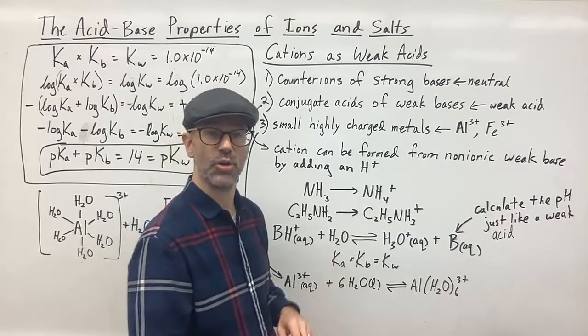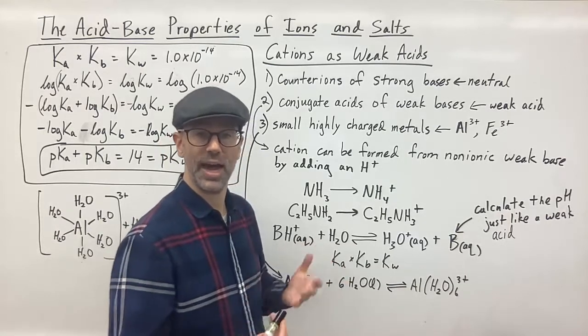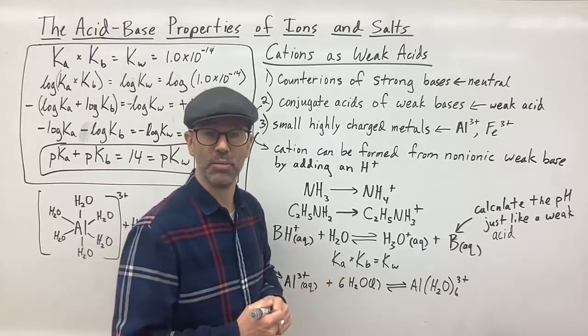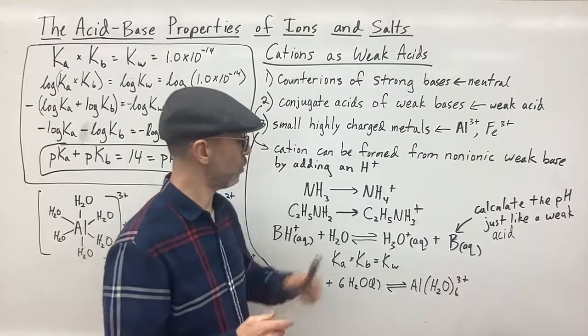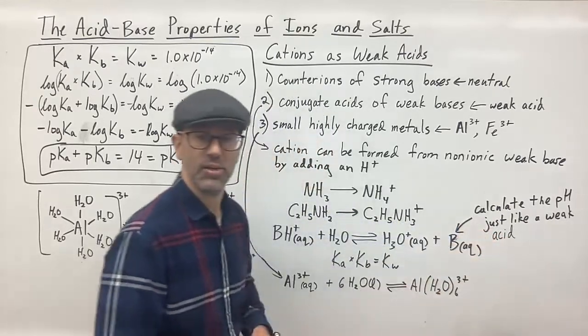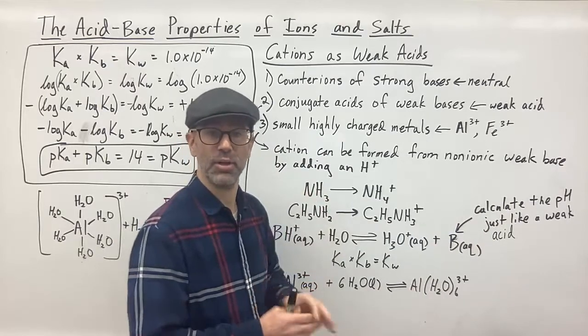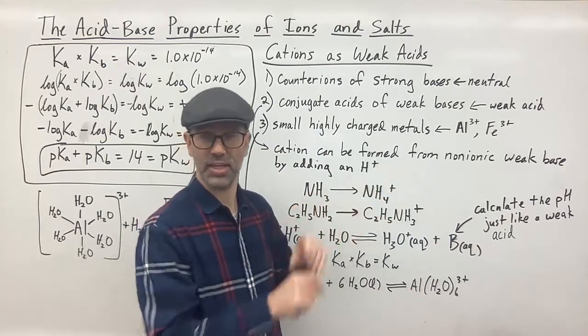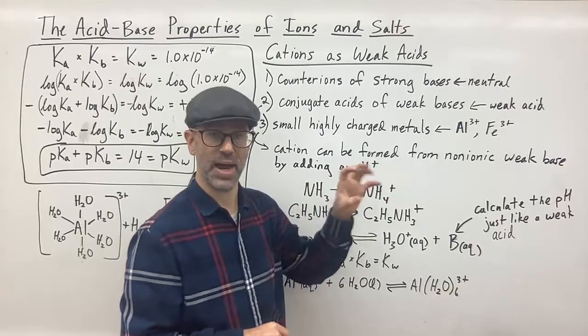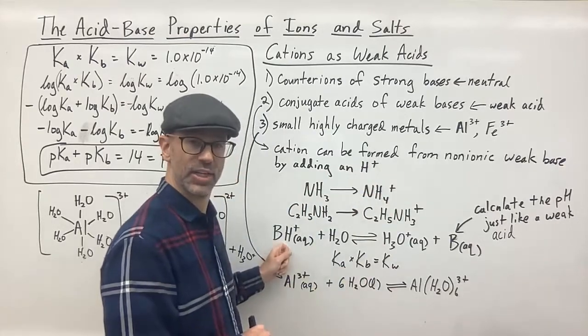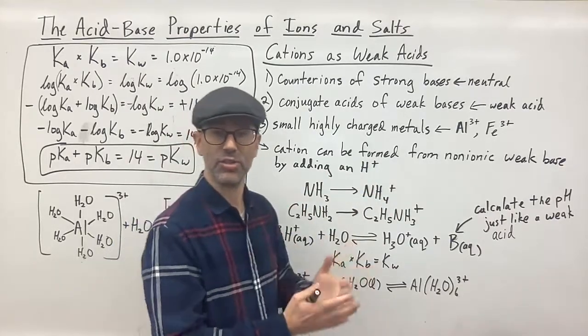And then once I know the Ka value, it's just an equilibrium problem, just like we normally would do for a weak acid. So I have my Ka value. I set up my ice table. I'm given the initial concentrations of my conjugate acid. I do my ice table.